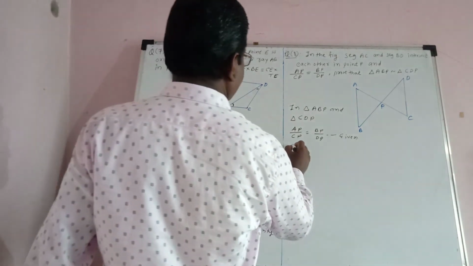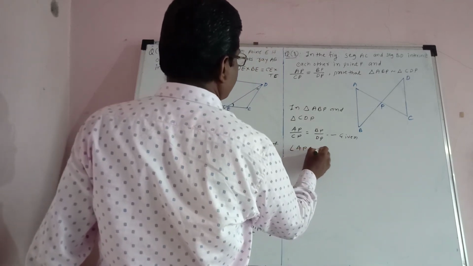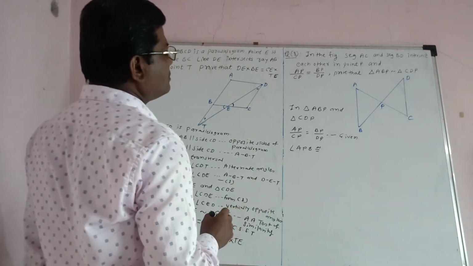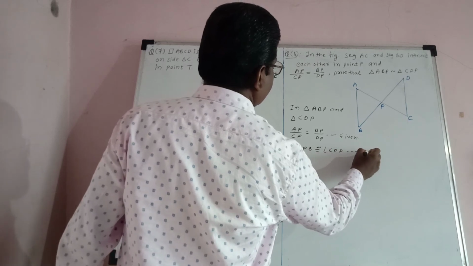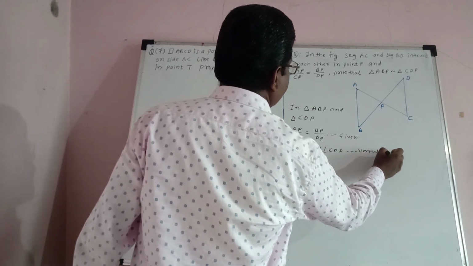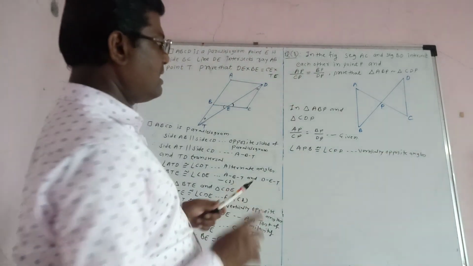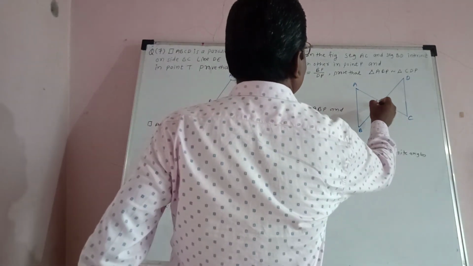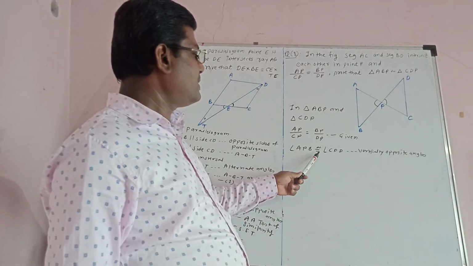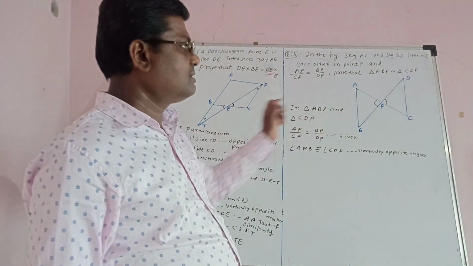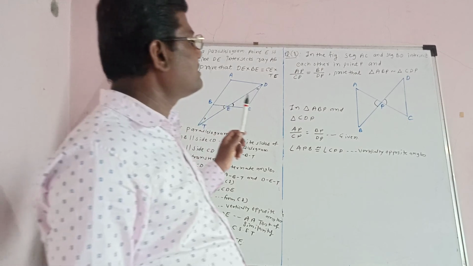Now angle APB is congruent to angle CPD, vertically opposite angles. So a pair of angles is congruent and the ratio of corresponding sides is the same.